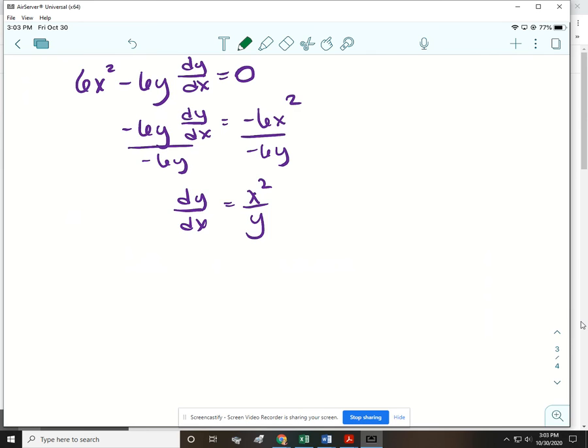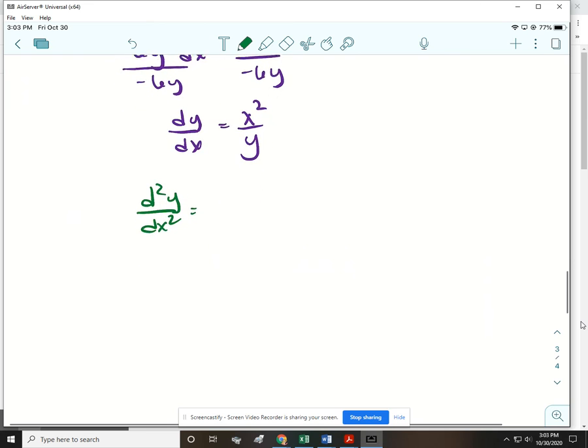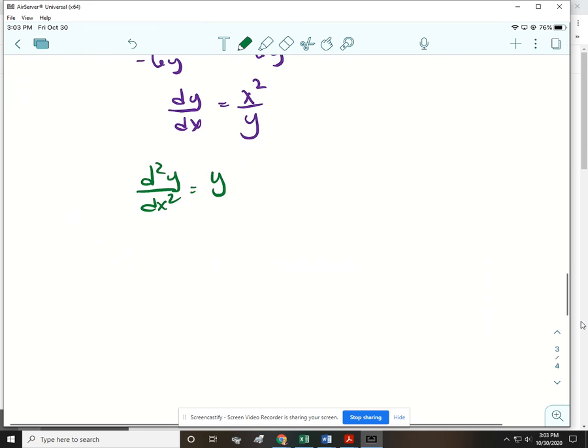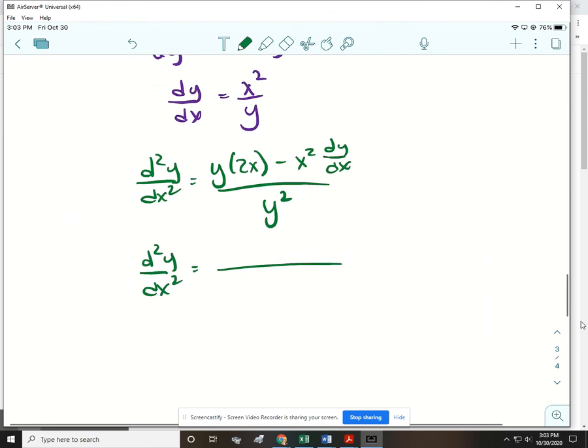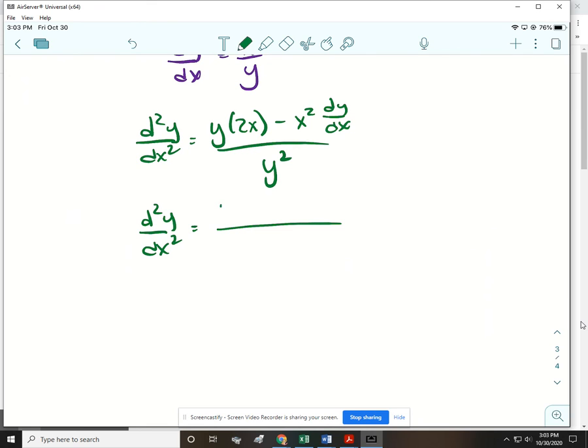Okay, that's my first derivative. For my second derivative, I'm going to do the quotient rule. Okay, and then I will multiply. I'm going to go ahead and put in dy over dx, which was x squared over y.